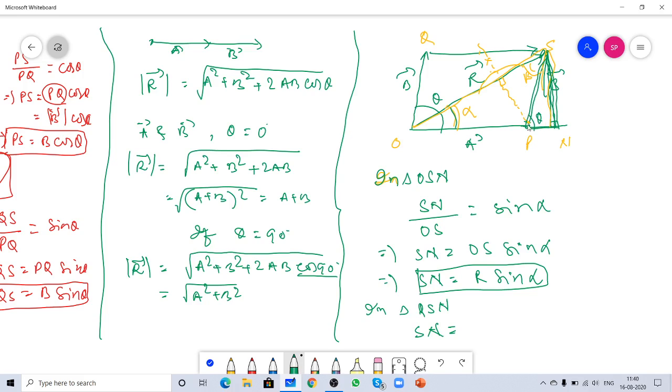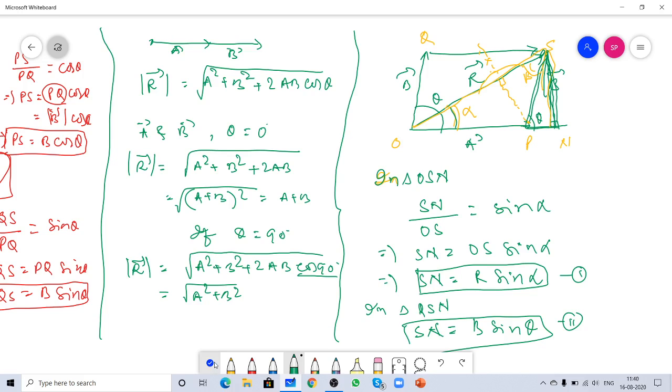So SN by PS is sine theta, or SN is equal to B sine theta. Now let's say this is equation 1, this is equation 2.